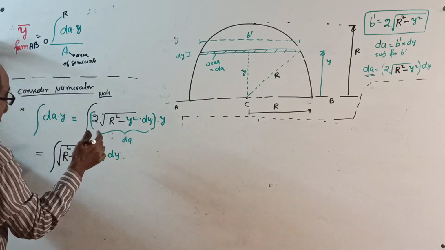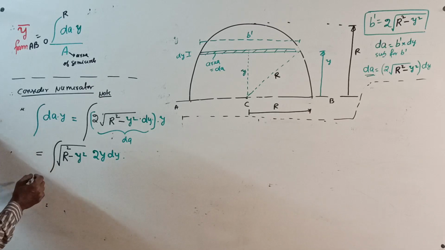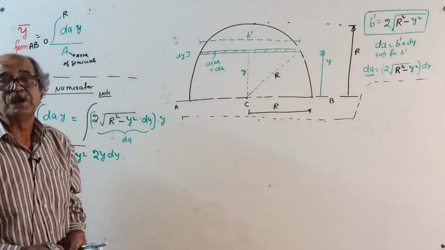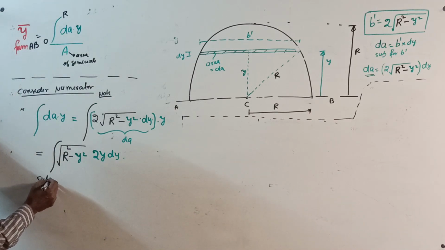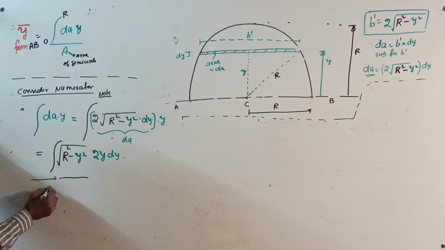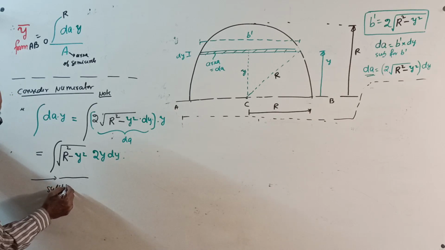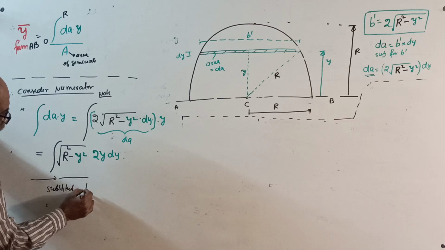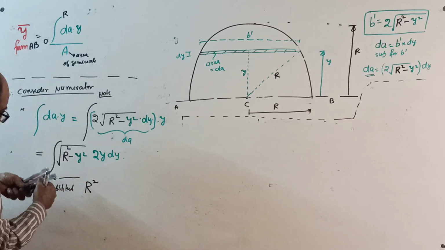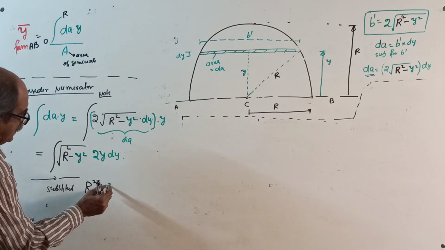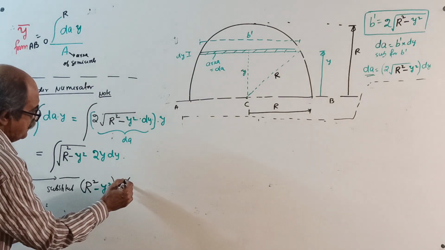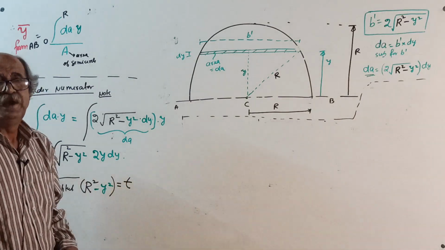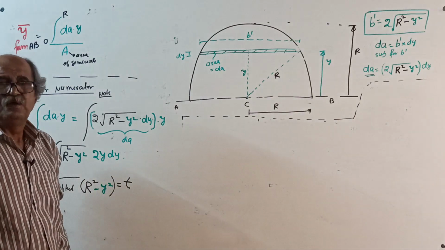Now make a note: we have to go for the method of substitution for this integration. Substitute this term, r square minus y square, as t. In India, we usually take t. It is very popular in mathematics.